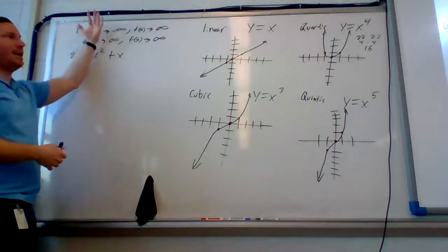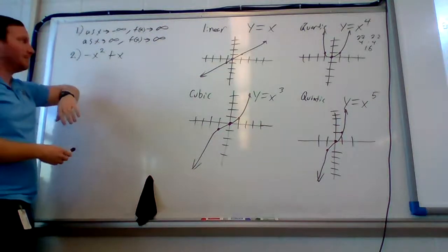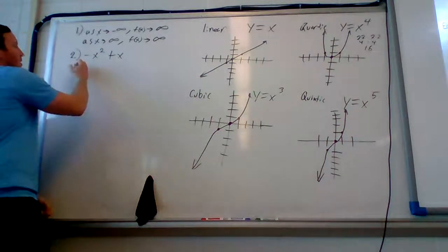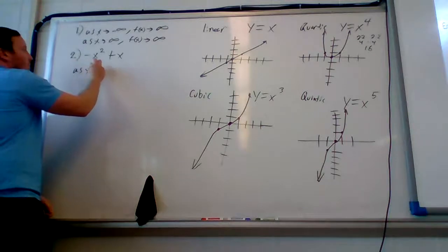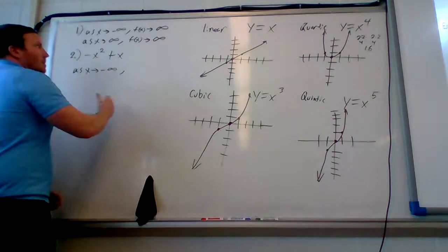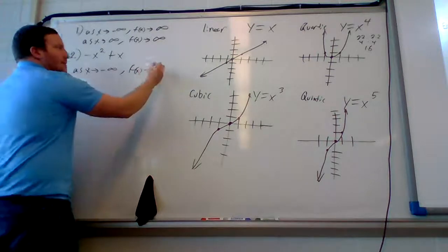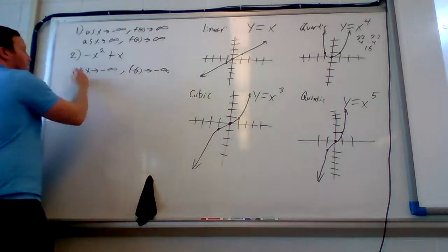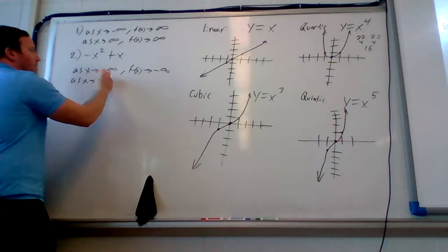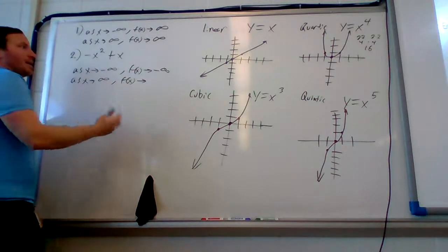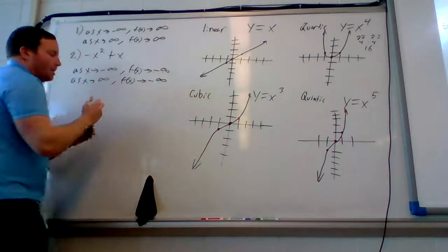Because that negative is that vertical reflection. So that means we're going to be going down. So as x approaches negative infinity, f of x is then going to be approaching negative infinity. As x approaches positive infinity, again, it's even, so both our arms are doing the same thing. It's also going towards negative infinity.